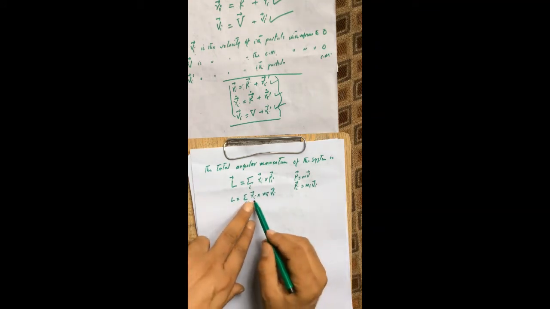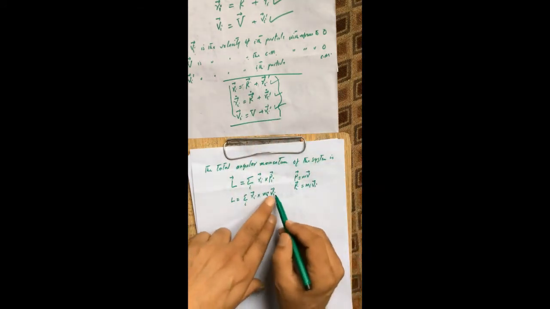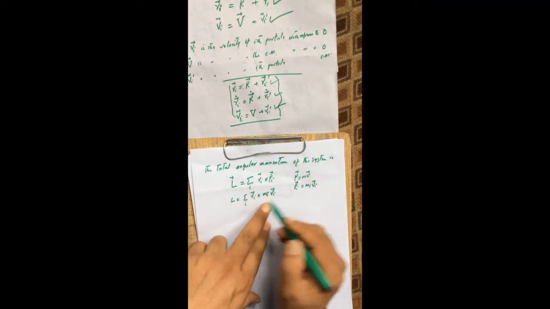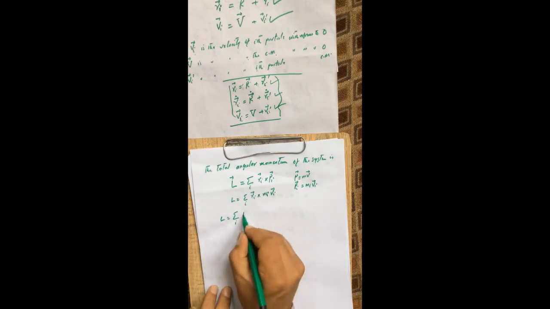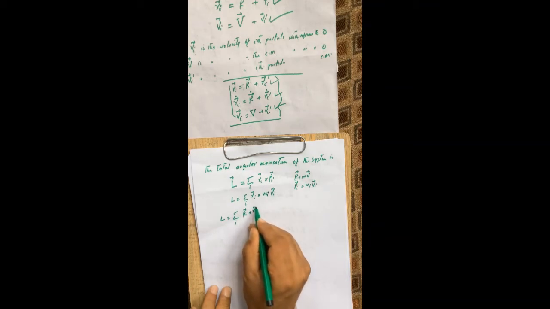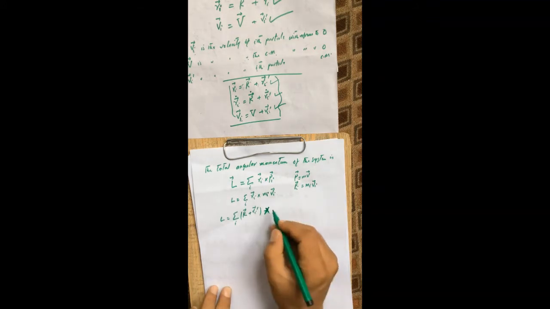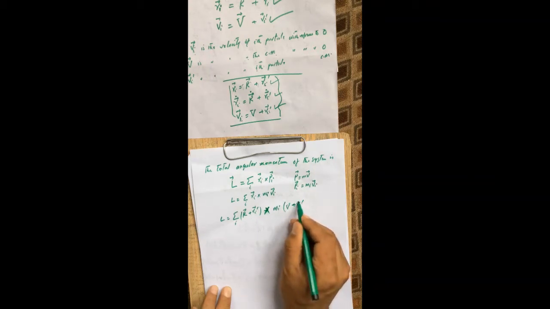Now we know that Ri is given by this relation, which is R plus Ri prime, and Vi is given by this relation, which is V plus Vi prime. So I will replace Ri and Vi, and L is equal to the sum over i of (R plus Ri prime) cross Mi times (V plus Vi prime).